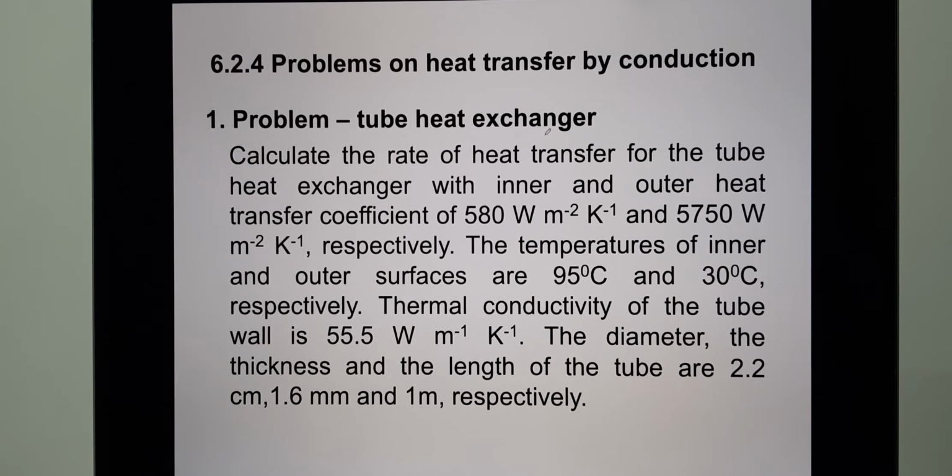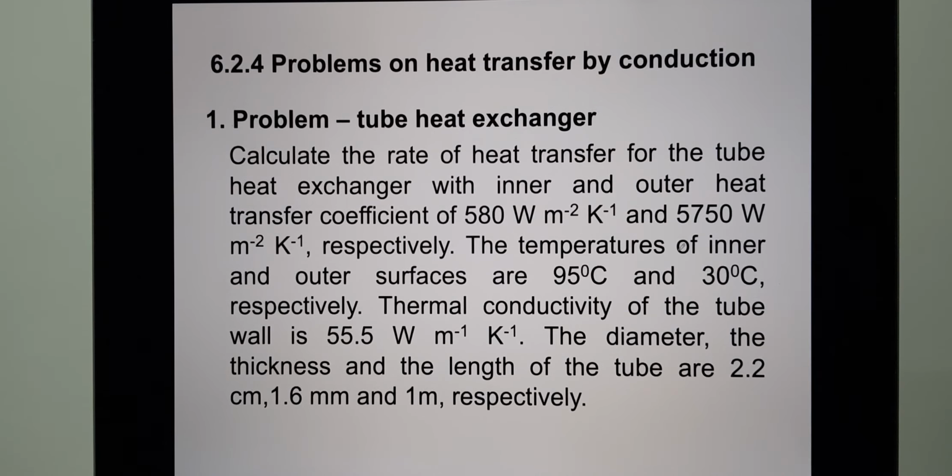For the first problem statement, this one is meant for the cylinder. Calculate the rate of heat transfer for the tube heat exchanger with inner and outer heat transfer coefficient of 580 watt per meter square Kelvin and 5750 watt per meter square Kelvin respectively.